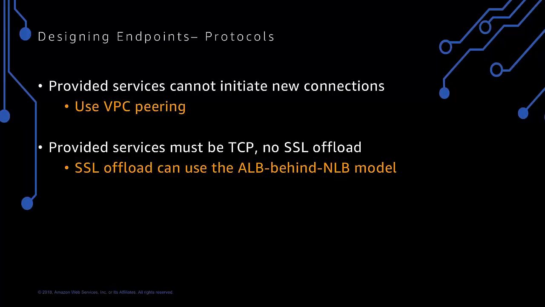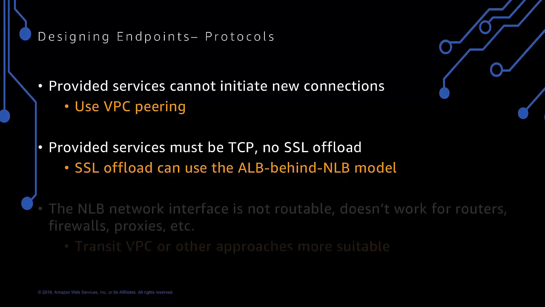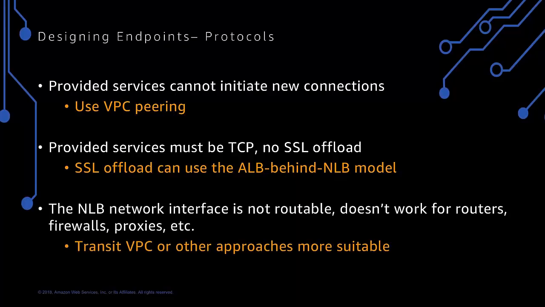Another use case I get is customers that would like to do some sort of proxy routing or firewalling or default gateway sort of thing, where they want to use a transit VPC or a firewall or proxy and share that via PrivateLink. PrivateLink acts as a pure load balancer, so you can't route through a load balancer.